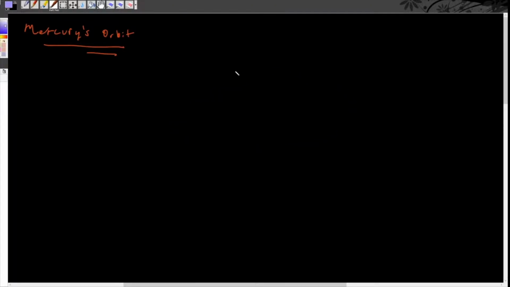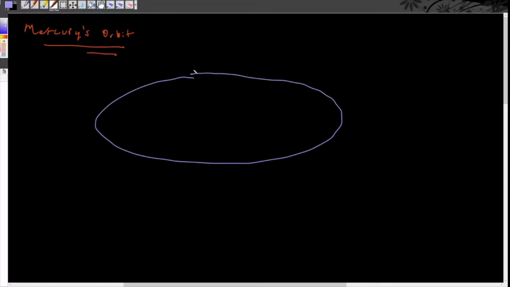Let's draw something a little better and a little bigger. And the sun is one of the foci. So Mercury is orbiting around on this purple ellipse. Throughout Mercury's year, it just revolves along this ellipse.